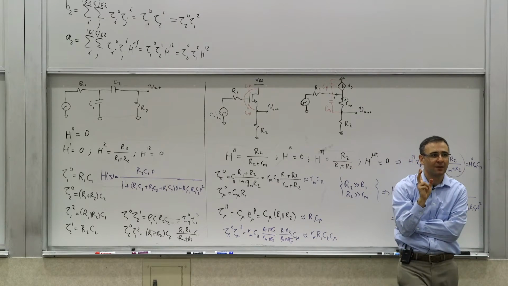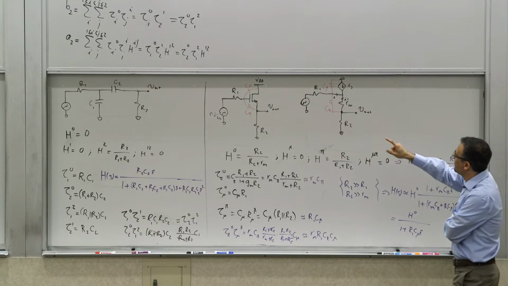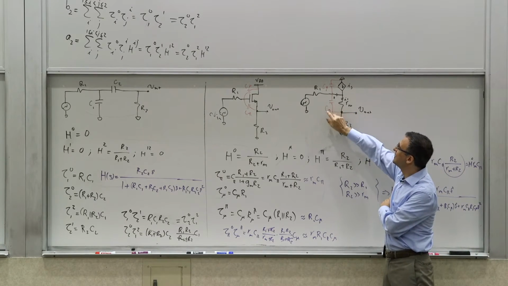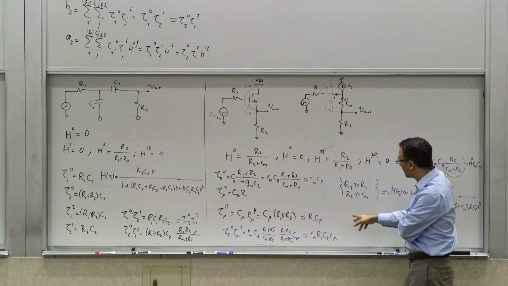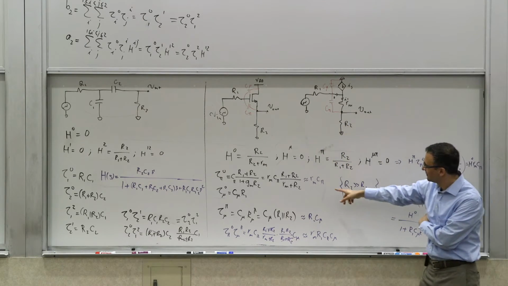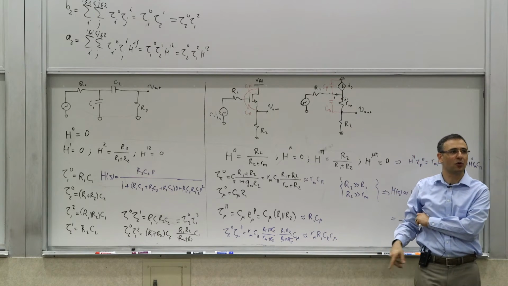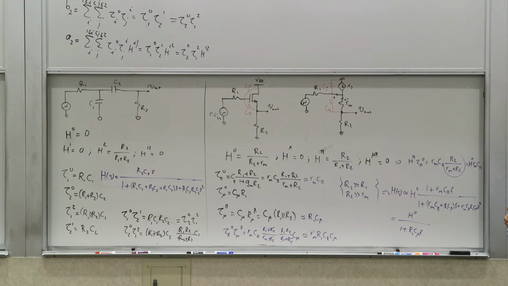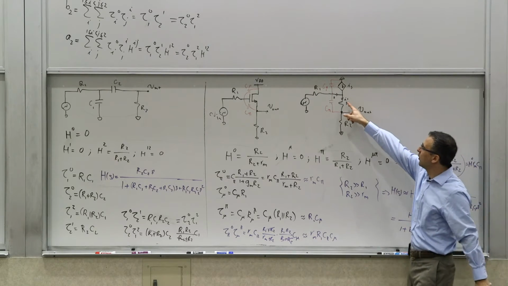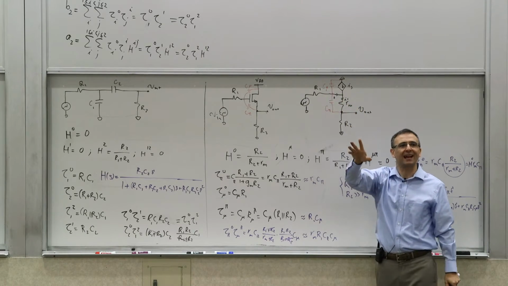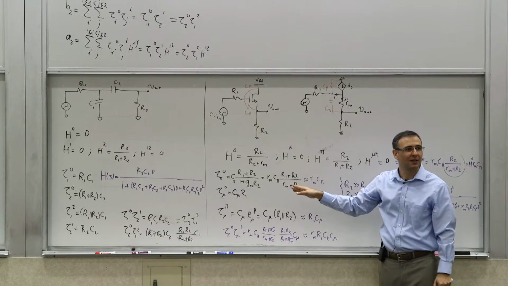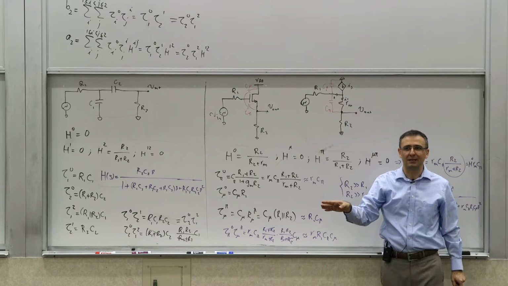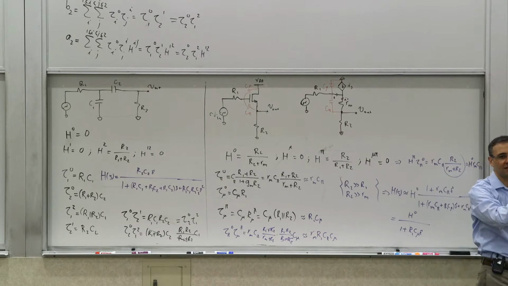Why? Because this combination of the zero that you created here, which is, by the way, around the ft, if you look at it, Rm C mu, or around omega t more accurately, around the cutoff frequency, is also around where the zero is. The zero and the pole are around the same thing. So there's a zero and pole combination. They're not exactly at the same place if you calculate them, but they're close, so for the most part, they cancel each other's effect.